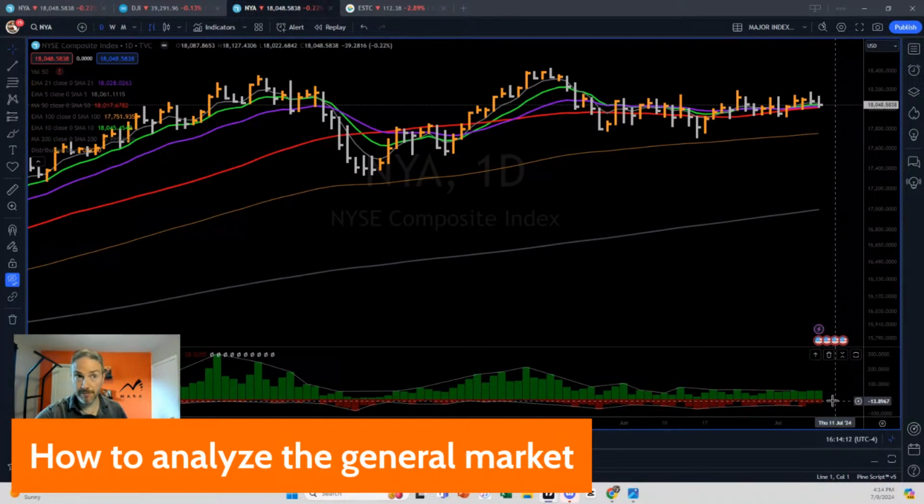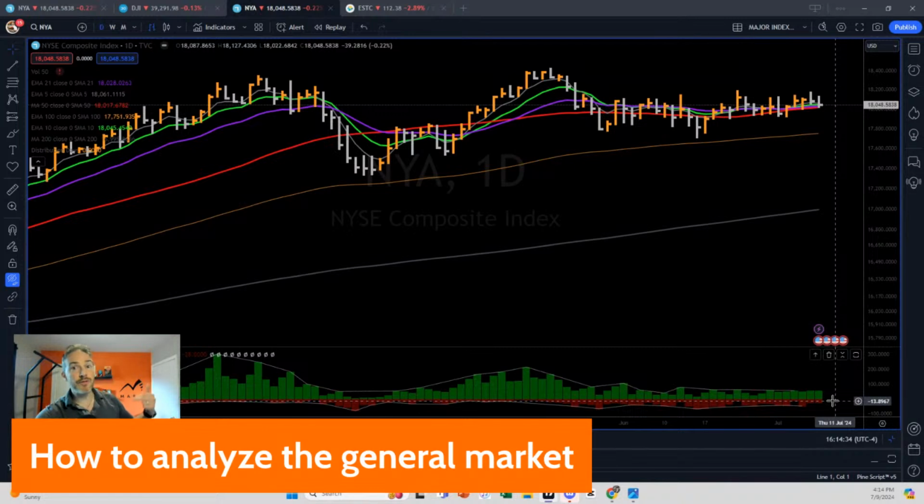This makes a lot of sense, and I'll tell you why. If the index is going to continue to make new highs after new highs after new highs, wouldn't it also stand to reason that the stocks within it would also be making new highs after new highs after new highs? What's driving the index? It's the stocks within them.